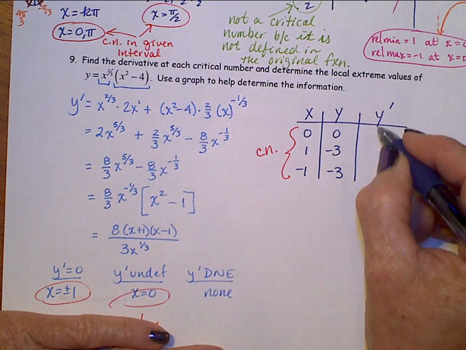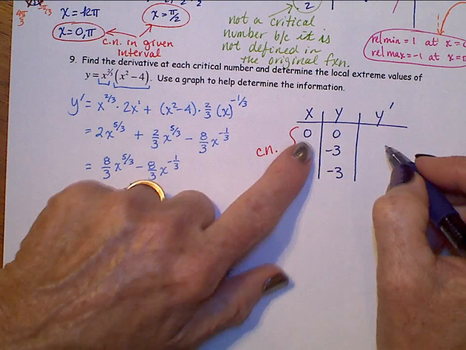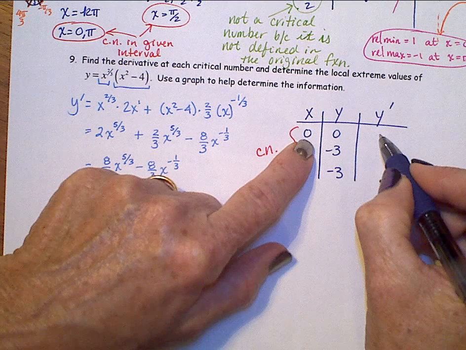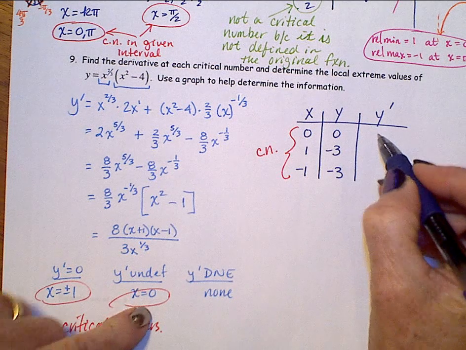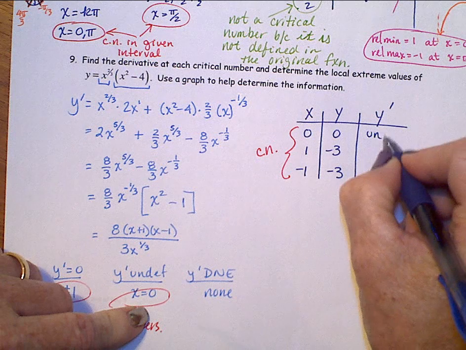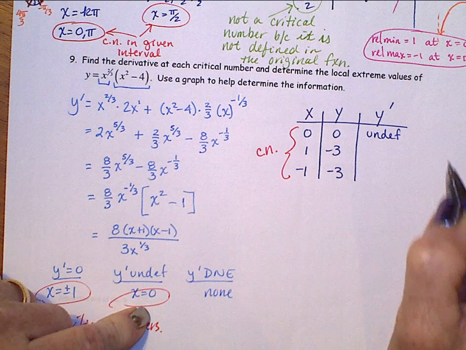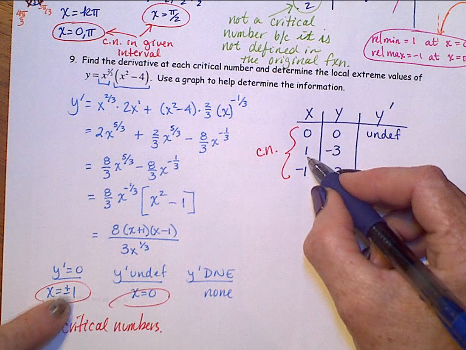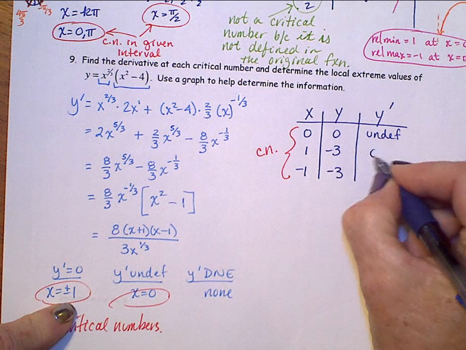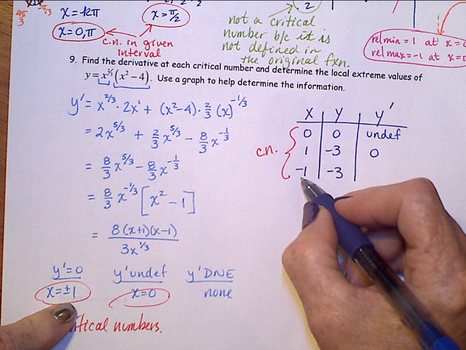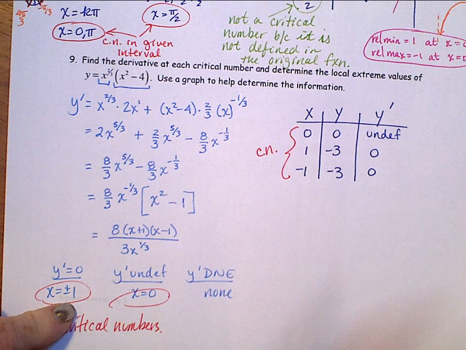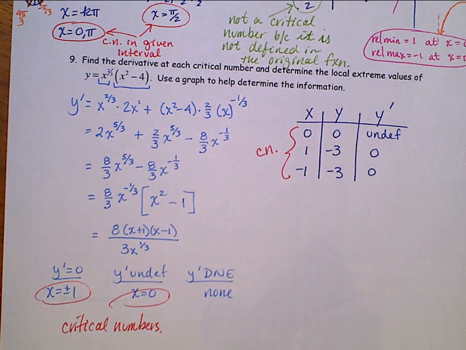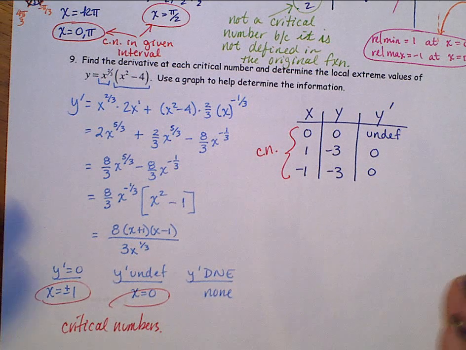The derivative at 0 was undefined. The derivative at x is 1, that derivative is 0. The derivative at x is negative 1 is 0. All right, that's all we can get right now.